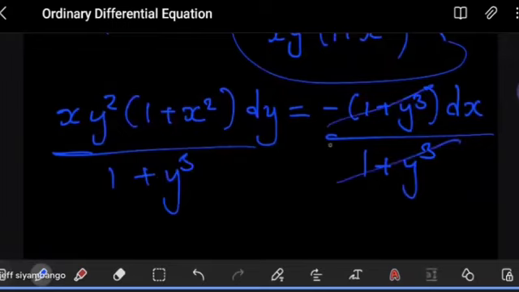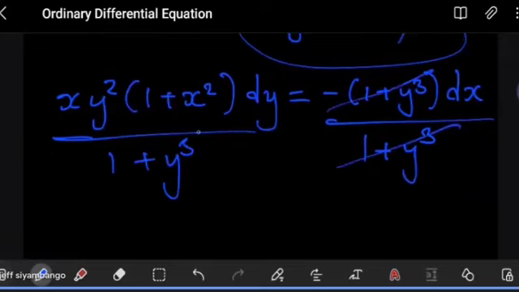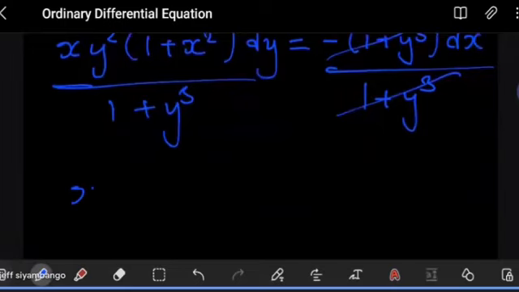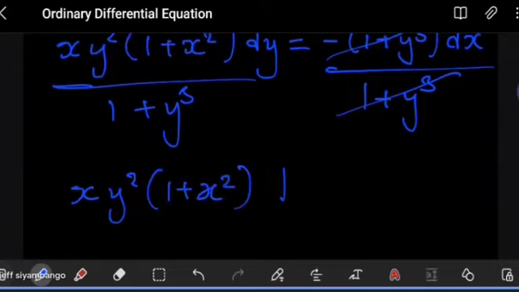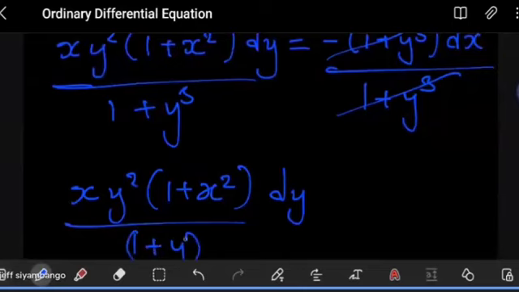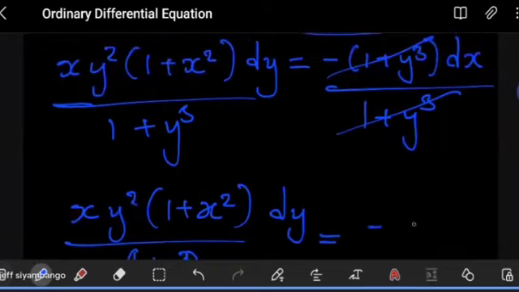This sorts out this part, and then it remains on the left side. Now I have xy squared, 1 plus x to the power 2 dy over 1 plus y to the power 3 equals, so now we just have minus dx.